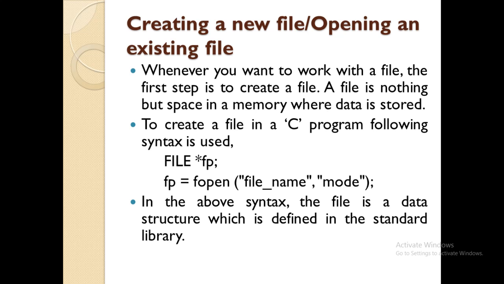The fopen function considers two arguments, that is file name and the mode. File name is the name of the file which you want to open, and mode defines the purpose for which you want to open that particular file.